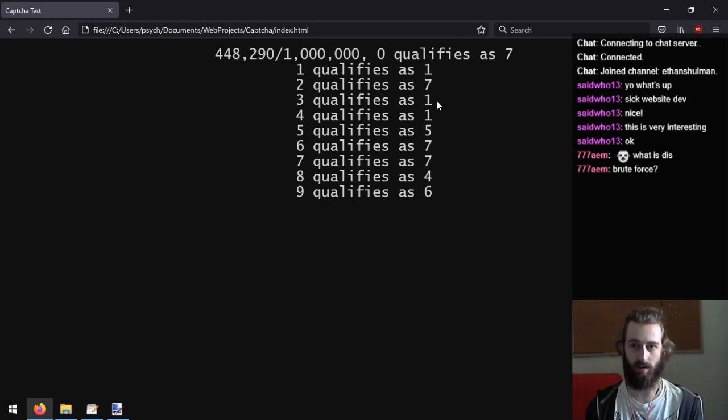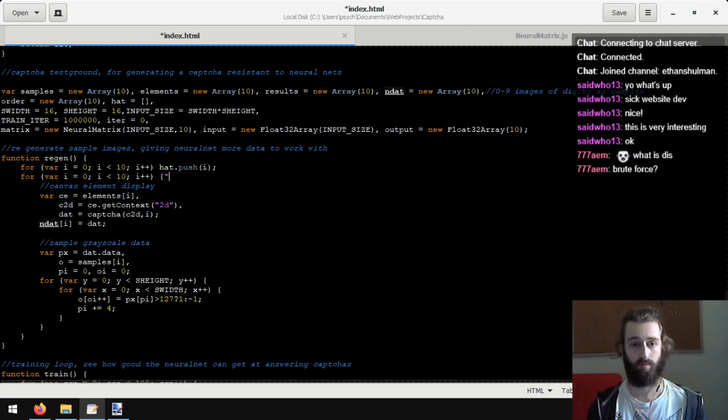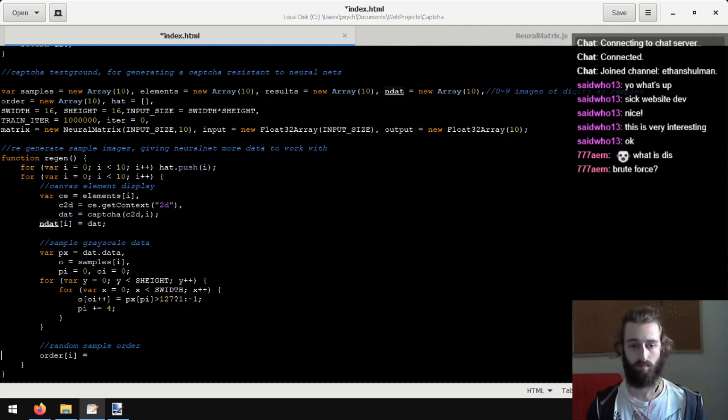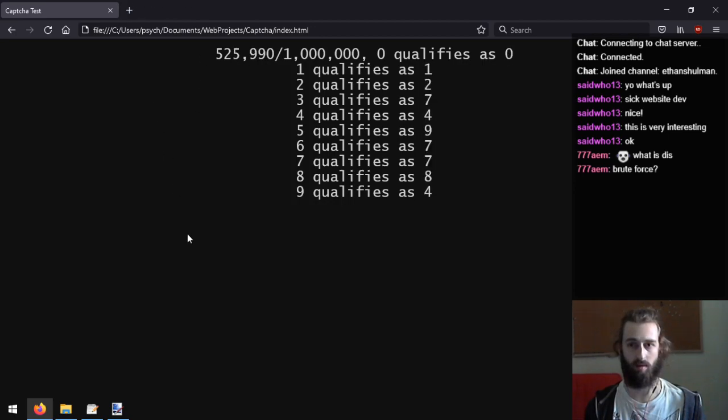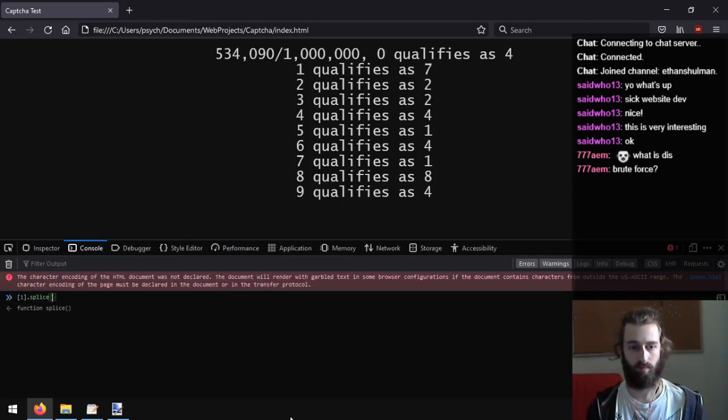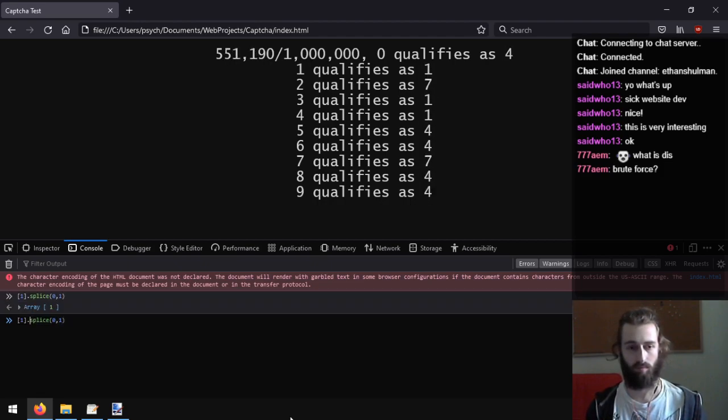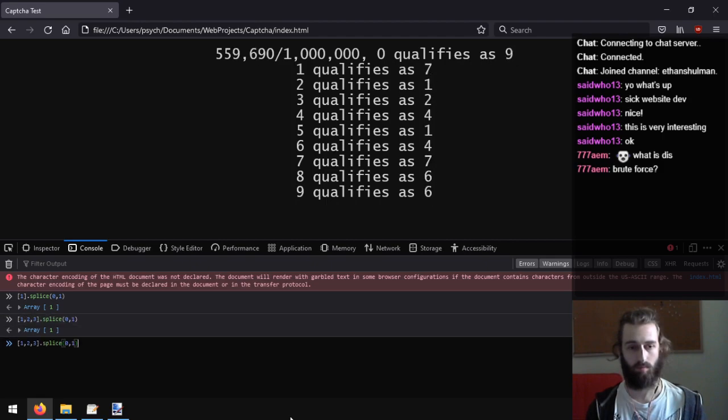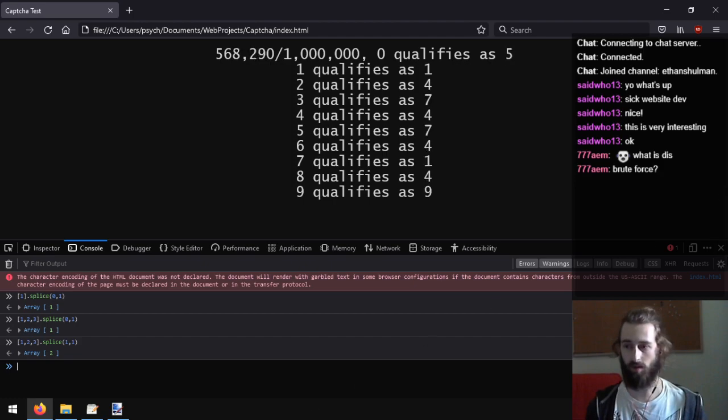It's getting 1 now and nearly getting 2. Does splice return the index in the array? It does, okay, nice.